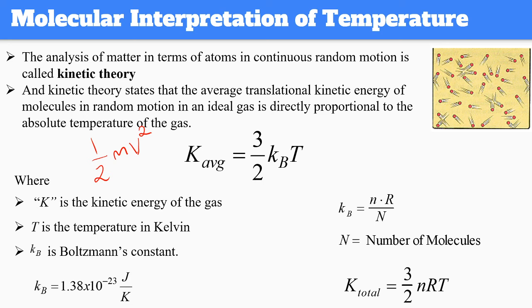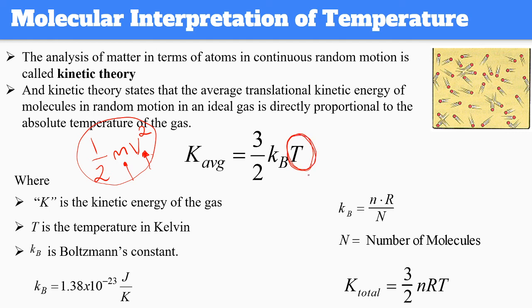So basically, the mass and velocity of those individual particles, once you calculate every one of them and add them all together, then you are basically finding the temperature of the material.